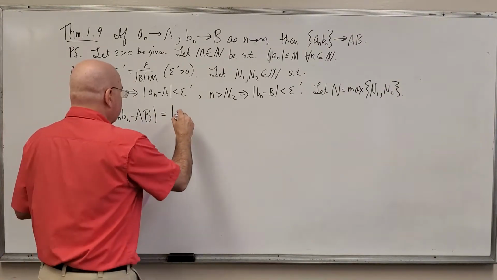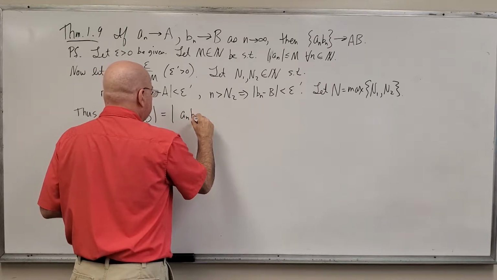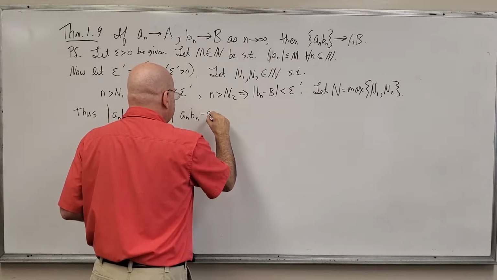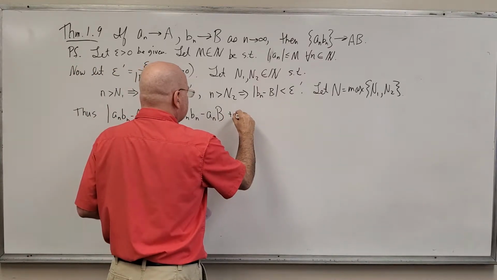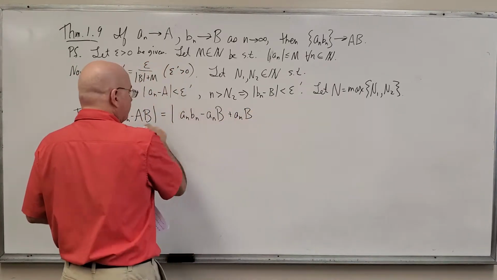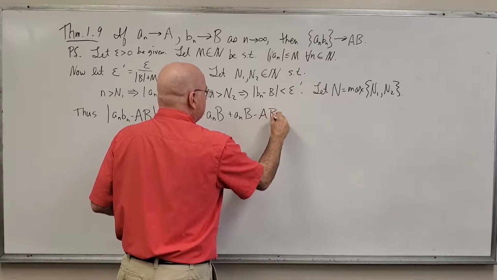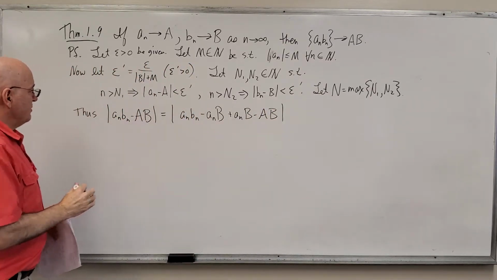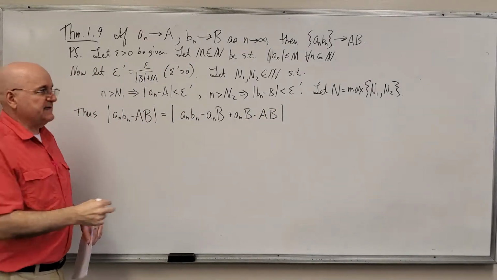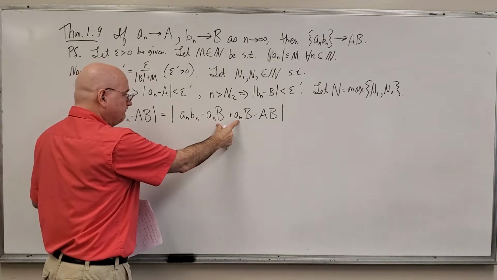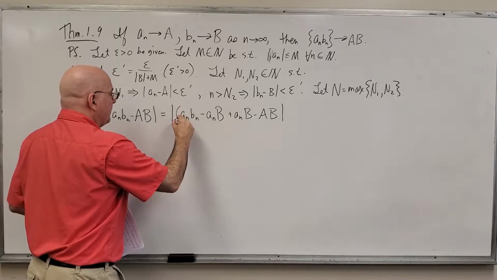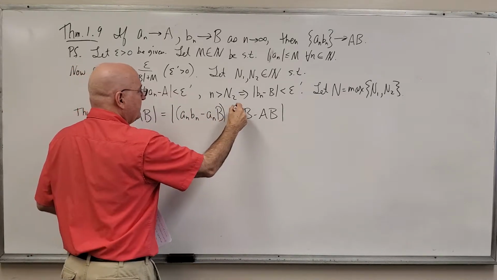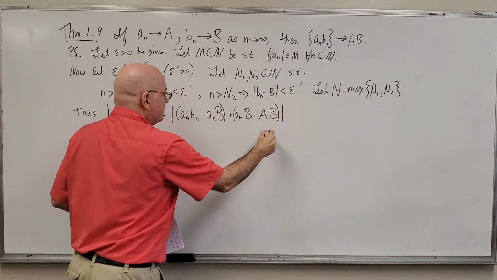I'm going to say an bn minus an B, plus an B minus AB. So obviously these are equal because all I did is add 0. Negative an B and positive an B. And maybe we'll put that in parentheses to make it look like two terms being added together.